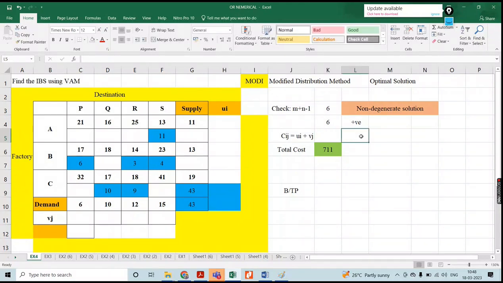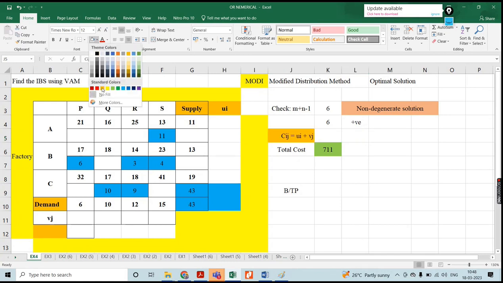Once you know the initial basic solution, first step I completed this. Second step, by using this equation, I have to evaluate the individual values of Ui and Vj. That is the second step.